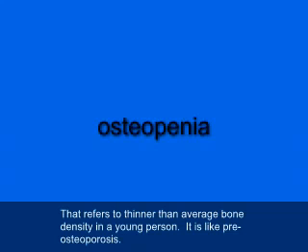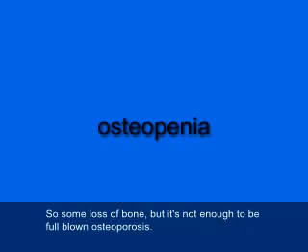Well, that's osteopenia, O-S-T-E-O, penia, P-E-N-I-A. That refers to thinner than average bone density in a young person. It's like pre-osteoporosis. There's some loss of bone, but it's not enough to be full-blown osteoporosis.